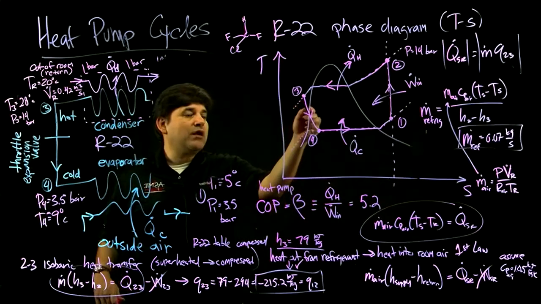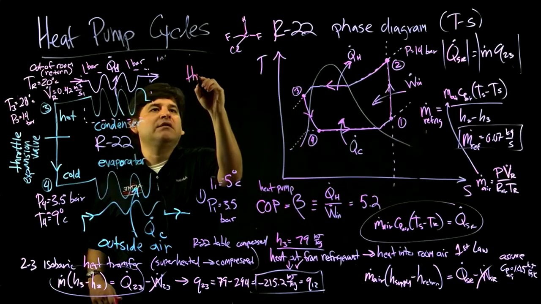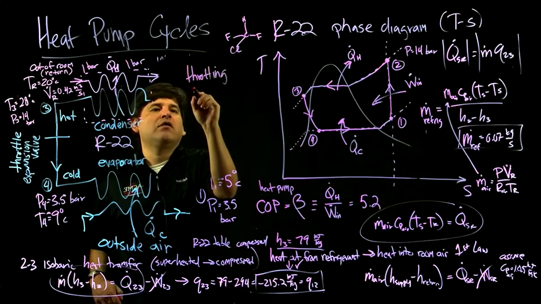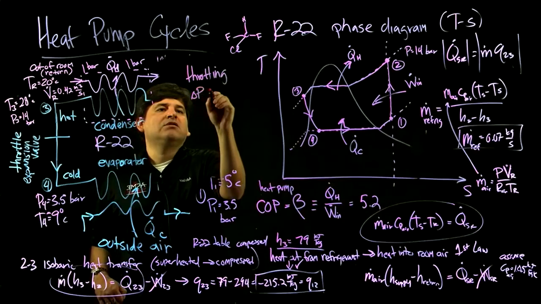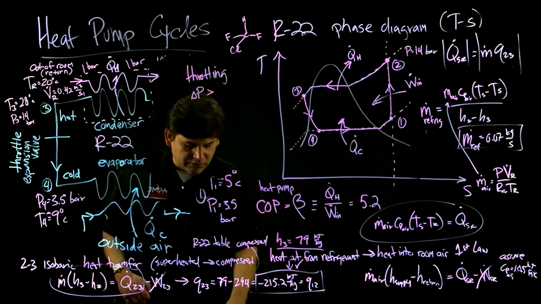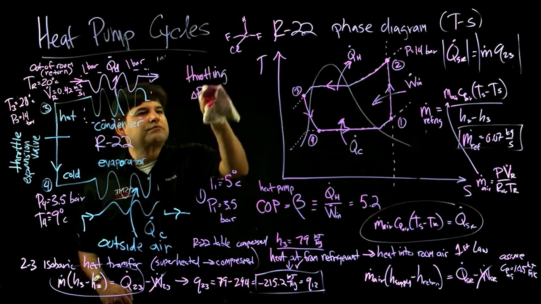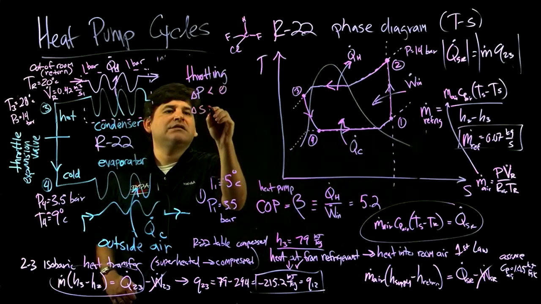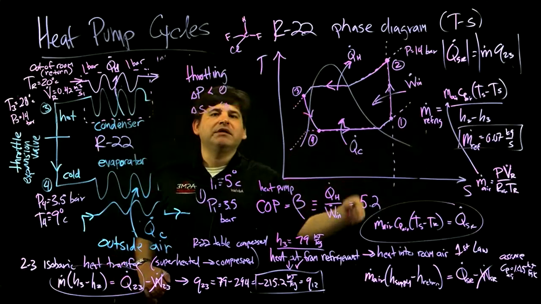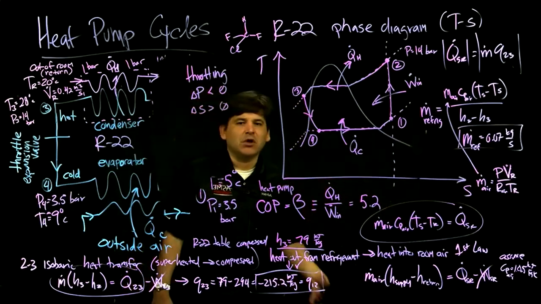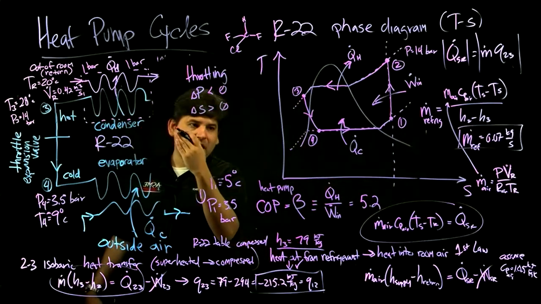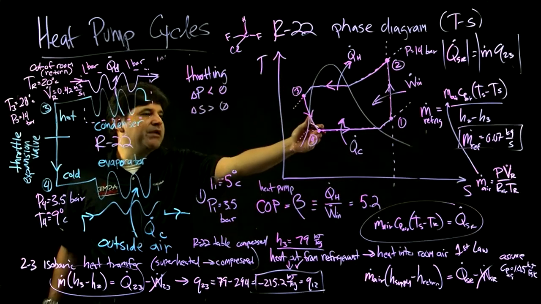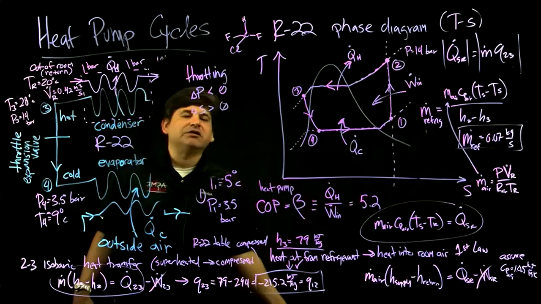So for the throttling process, one unique thing is you always go from delta P less than 0. It's going from high pressure to low pressure. And then delta S, you're always increasing the entropy. It's an irreversible process, always. You're always going to go from compressed liquid to mixture at low temperatures.